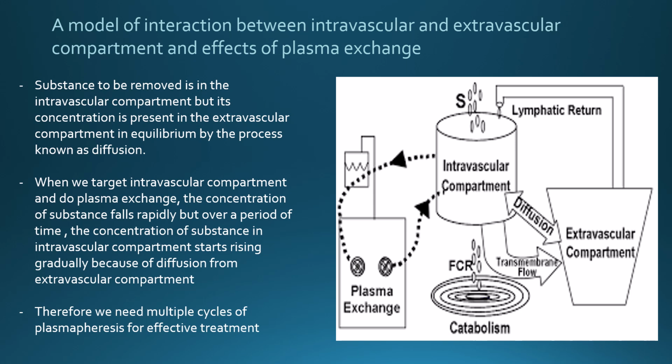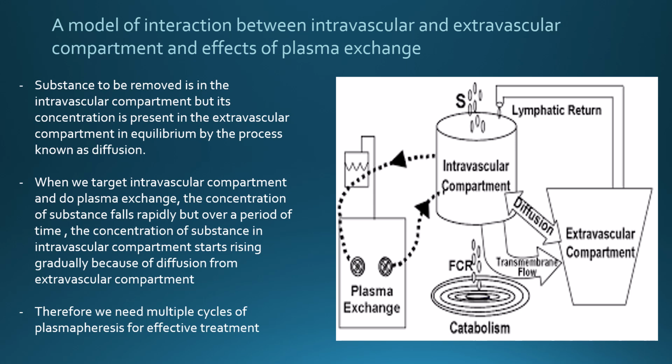We are always curious why there are multiple cycles in plasmapheresis. This model, which shows the interaction between the intravascular and extravascular compartments, shows the plasma exchange effect and why we require multiple cycles. The substance which needs to be removed is present in the intravascular compartment, but its concentration is also present in the extravascular compartment in equilibrium, and the process by which this exchange happens is known as diffusion.